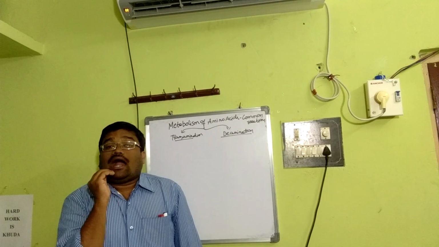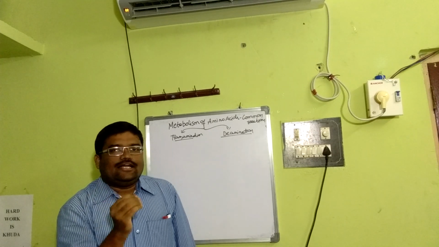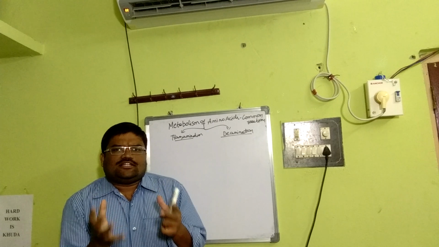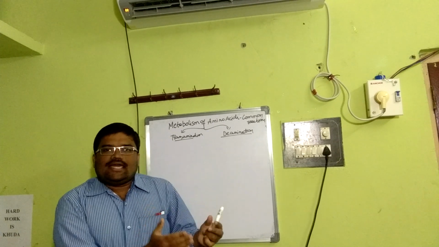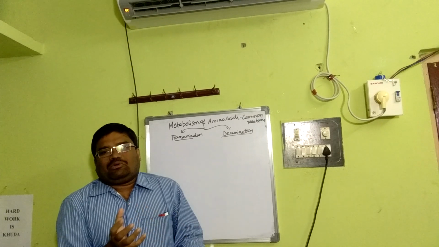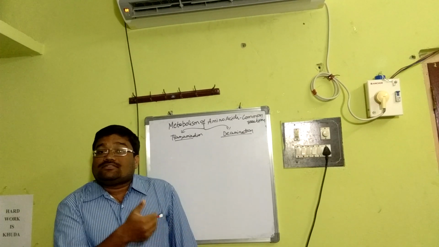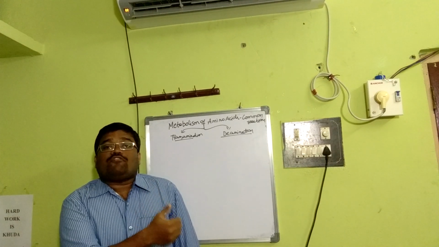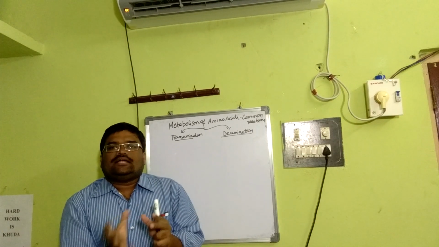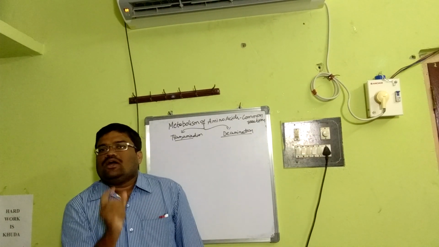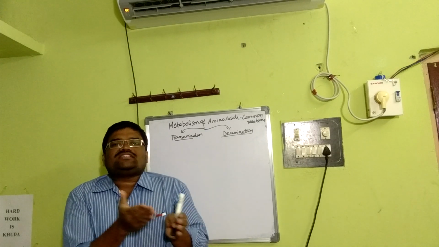About 100 grams of amino acids are present in an adult human being, and this pool is made up from different sources, what we call inputs: total body protein turnover, dietary sources, and synthesis of non-essential amino acids. These are the three inputs through which the amino acid pool is made up. It is around 100 grams, and the same is utilized in different ways.